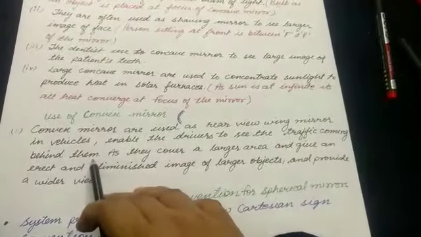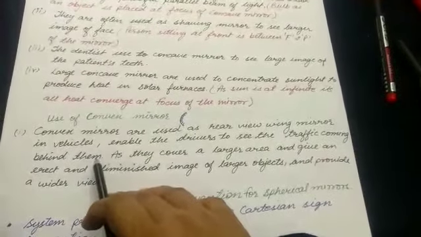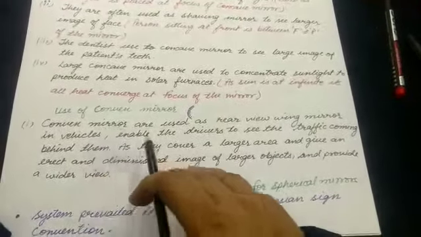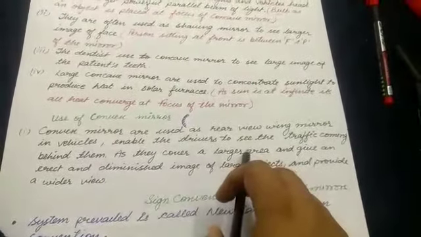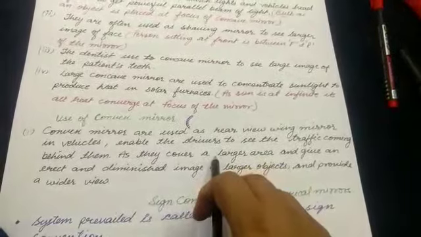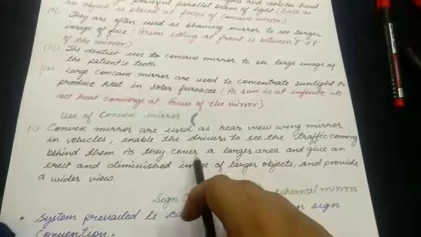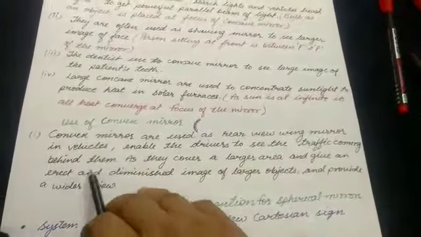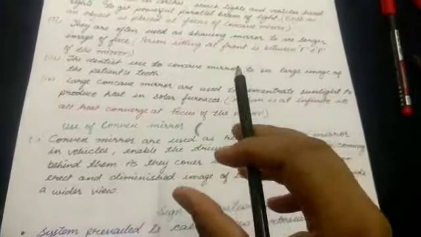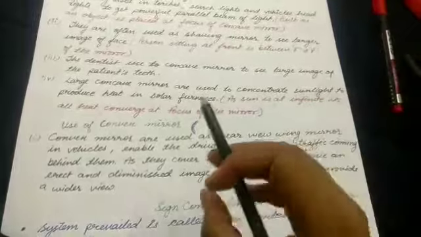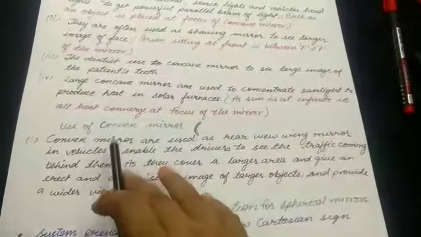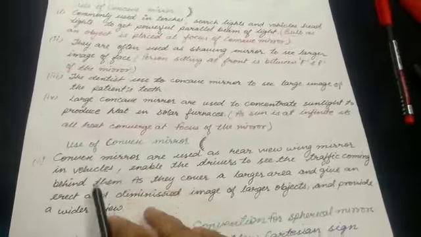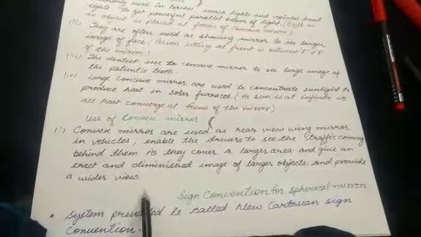We can easily see what traffic is coming behind us through these convex mirrors. As the reflecting surface is bulged out, it covers a larger area, and it gives an erect, straight image as well as a diminished, small size image of a large object or large area that we can see in the convex mirror. So this is the use of convex mirror.